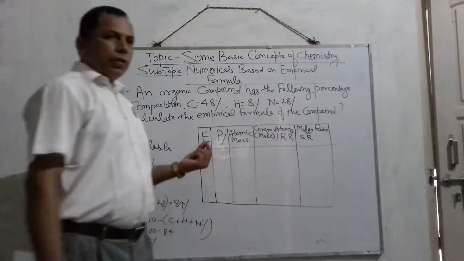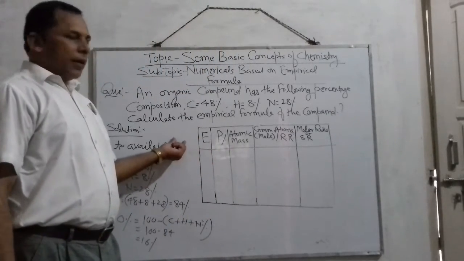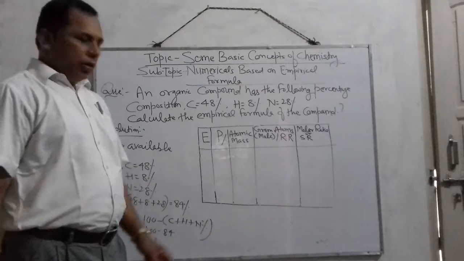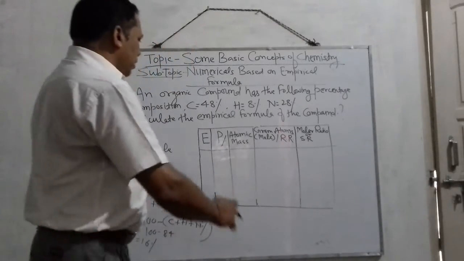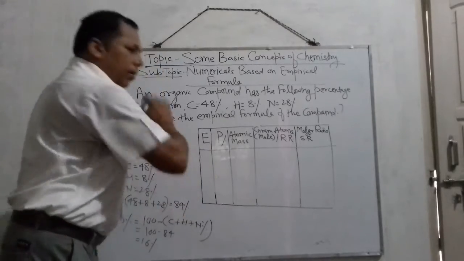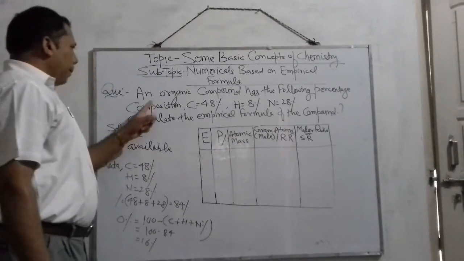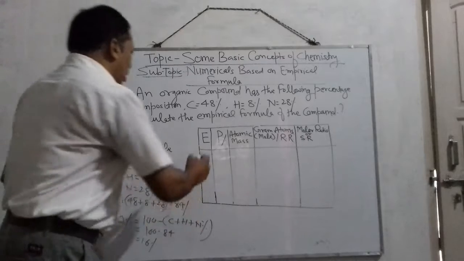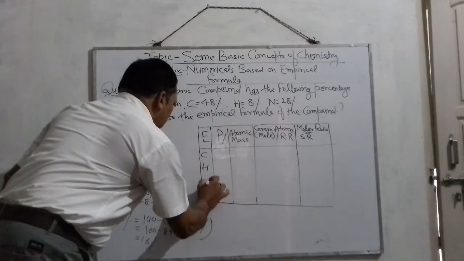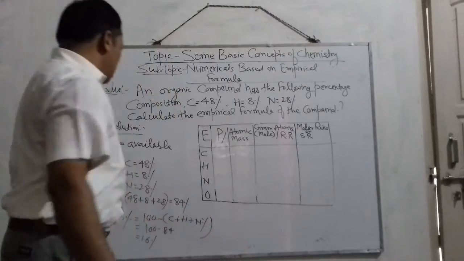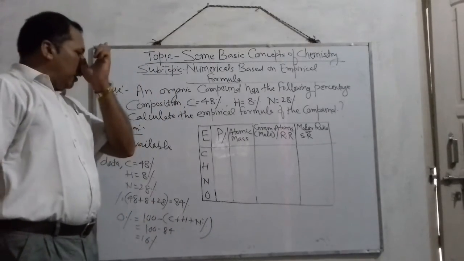So on this basis, let us determine the empirical formula of the compound. First write the symbols of the elements present in the organic compound: carbon, hydrogen, nitrogen and oxygen. 4 elements are there now.